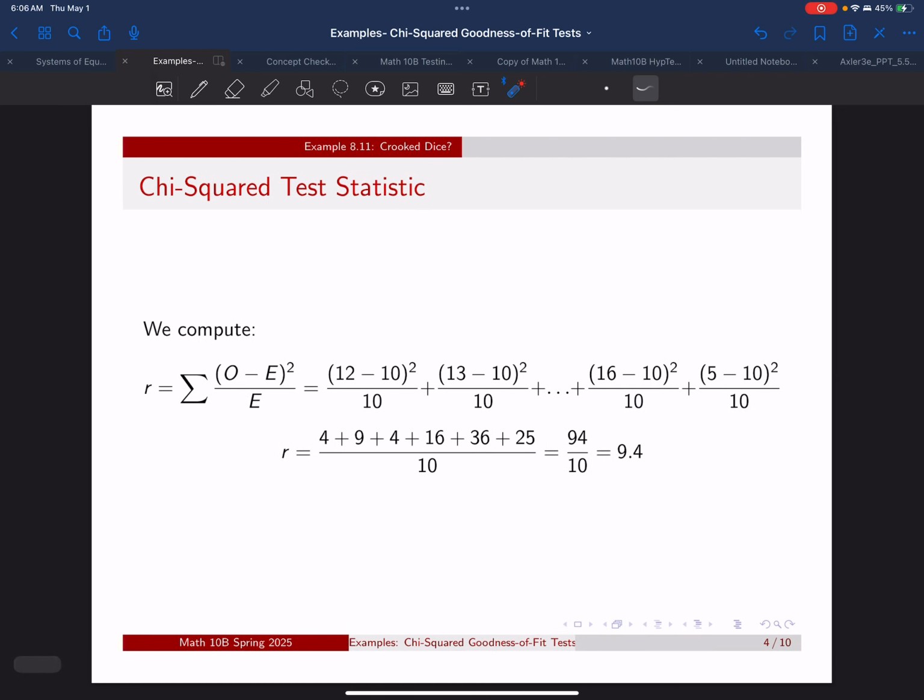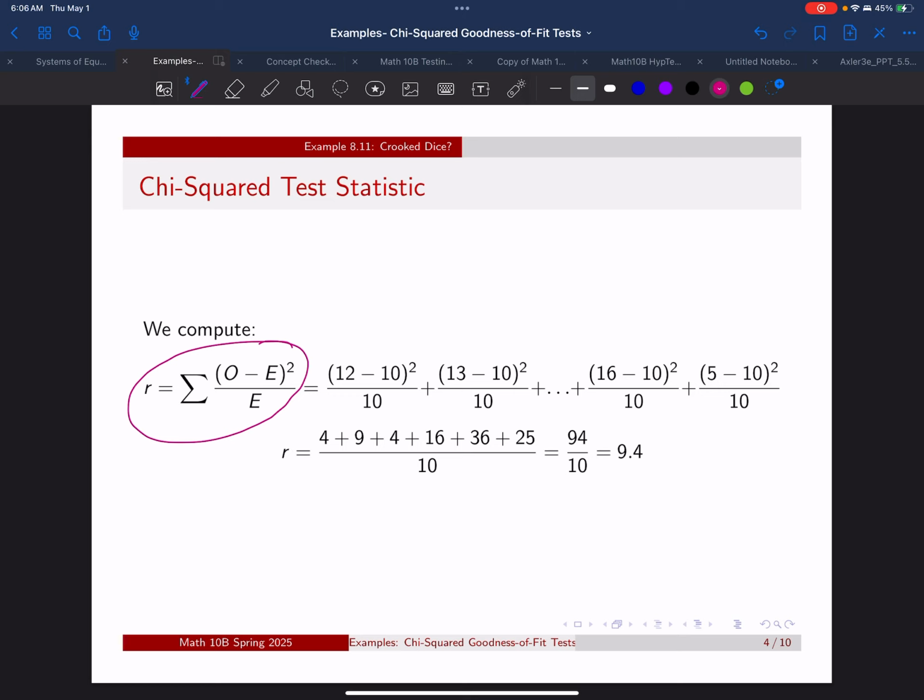Okay, so next thing we're going to do is compute our test statistic. In terms of the steps to hypothesis testing, first you set up your null and alternative hypotheses and check which one is the claim. Second, you choose your alpha, which is the tolerance for a type 1 error.